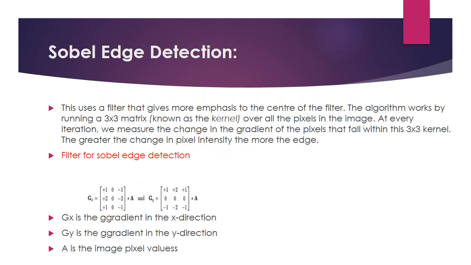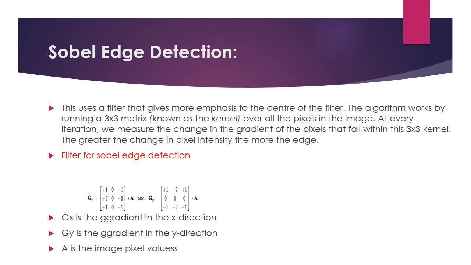Then we have the Sobel edge detector. The Sobel edge detection algorithm also works by running a 3 by 3 matrix, a kernel, over the pixels within an image. At every iteration, it uses a matrix of 3 by 3. We measure the change in the gradient of the pixels that fall within the kernel, that is the 3 by 3 matrix I just talked about.